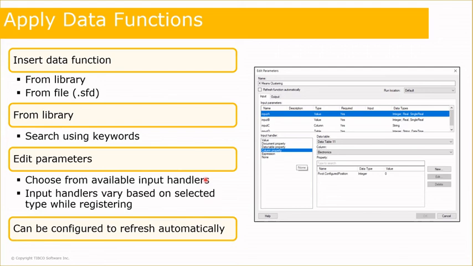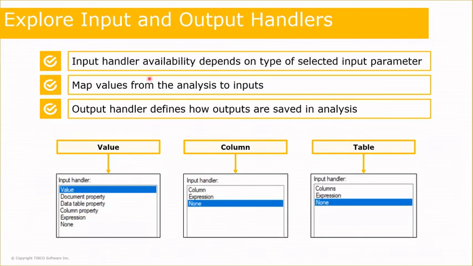Then you can apply this data function by providing the input and output handlers, and the input and output handlers change with the type of the input and output parameter. If it is a value, it's going to be these options. If it is a column, it's going to be these options. And if it is a table, it's going to be columns, expressions, or none, like that.